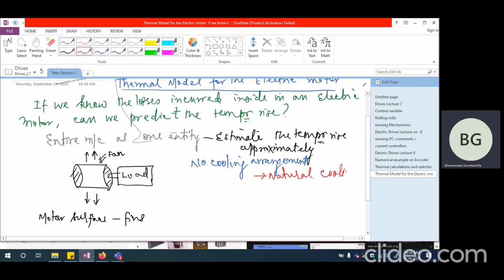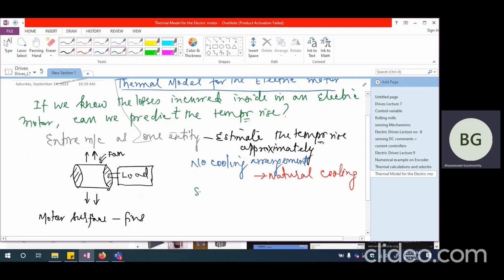Otherwise, if we have the capability to provide a fan and there is space, in that case, you are going to provide additional cooling arrangement to ensure that the motor becomes cooler faster.